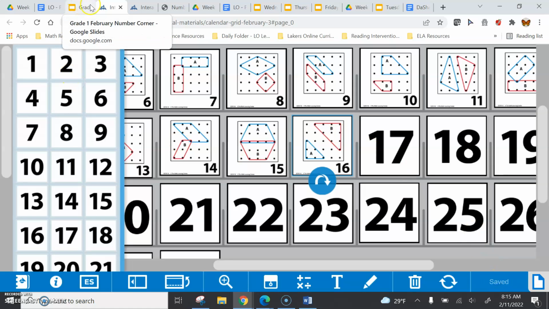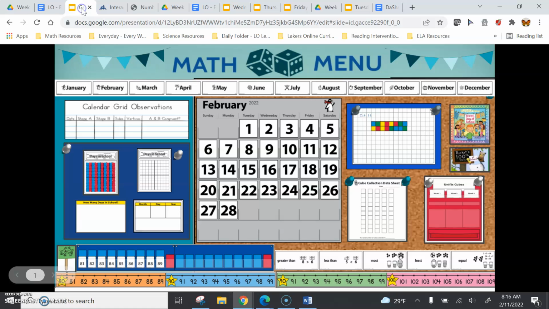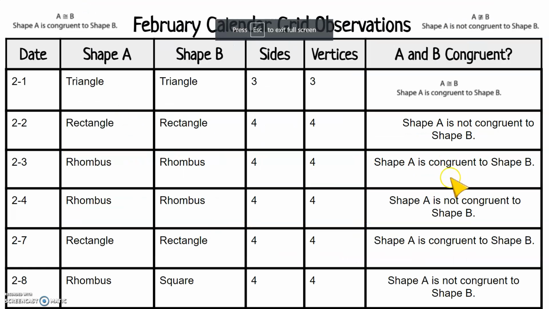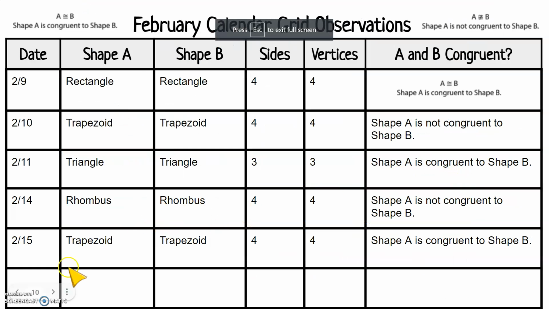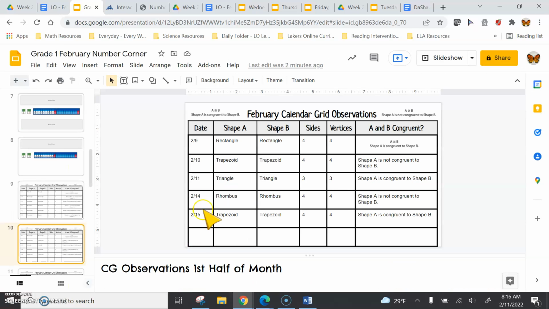We'll add that information to our grid, but I also want to count this. A triangle has 1, 2, 3 vertices, that means those corners where the two lines come together and meet, and 3 sides, 1, 2, 3. So our magic number for our grid for a triangle is 3.